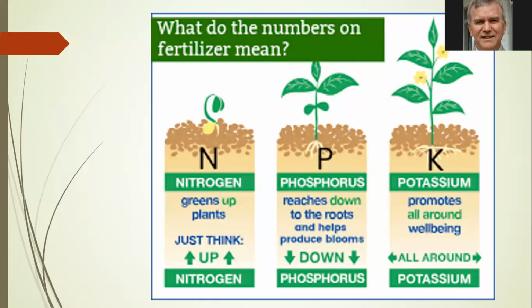But through translocation, it's also then relocated to the leaf areas of the plant to support bloom, fruit set, as well as energy transfer from the photosynthetic process. Potassium promotes all-around well-being, and it moves equally upward and downward in the plant.